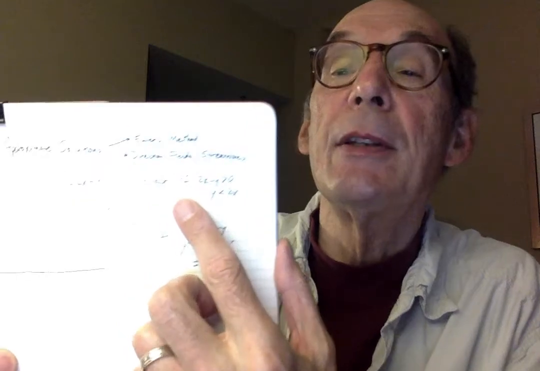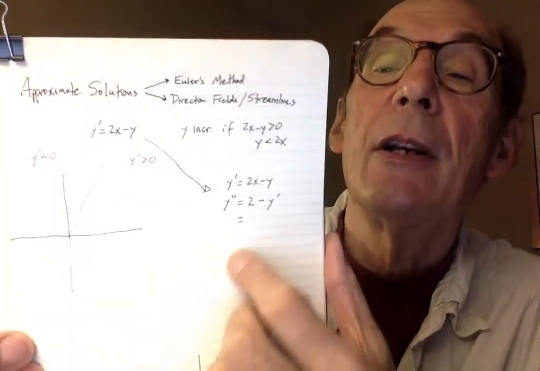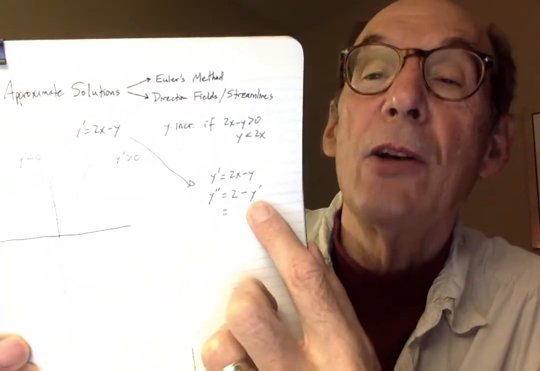Derivative of 2x is 2, and the derivative of minus y is minus y prime. The thing is, we've already gotten a formula for y prime, so I've done this implicit differentiation step, and it says, oh, y prime, but I know what y prime is, so I'm going to do the substitution. This is 2 minus 2x plus y.